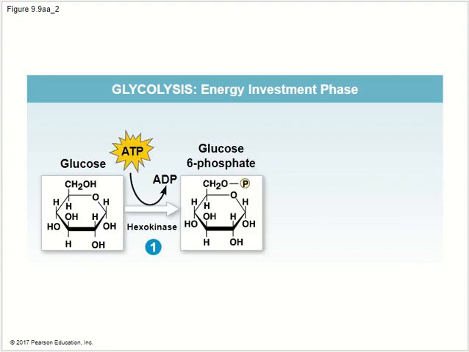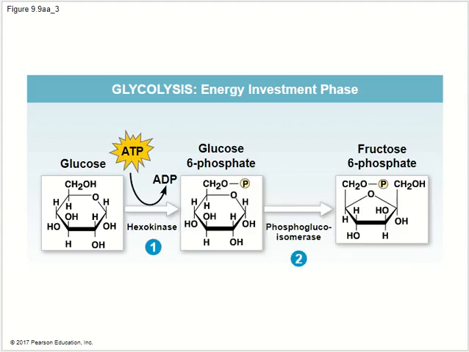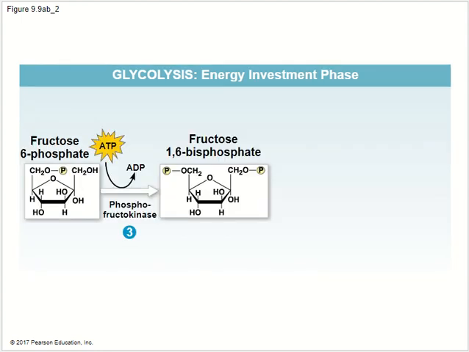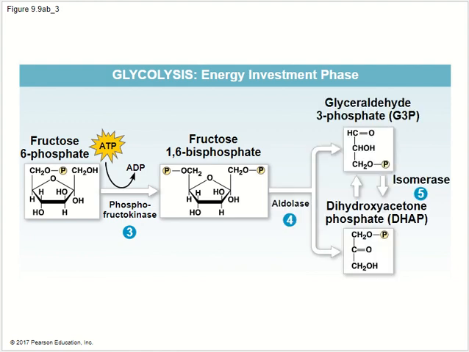Here we're looking at the initial energy investment. ATP needs to be invested to get glucose first started down this chain. As we continue on from the fructose isomerized version, that also needs to be doubly phosphorylated. And then as it gets broken up, we have two phosphorylated smaller molecules.